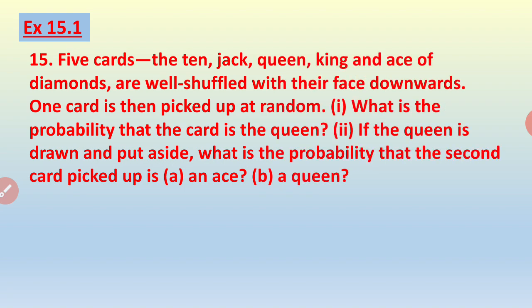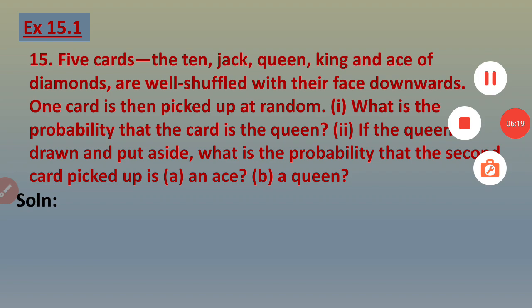The next question, that is the 15th question: the 10, Jack, Queen, King and Ace of Diamonds, 5 cards, are well shuffled with their faces downwards. One card is then picked up at random. What is the probability that the card is the Queen?